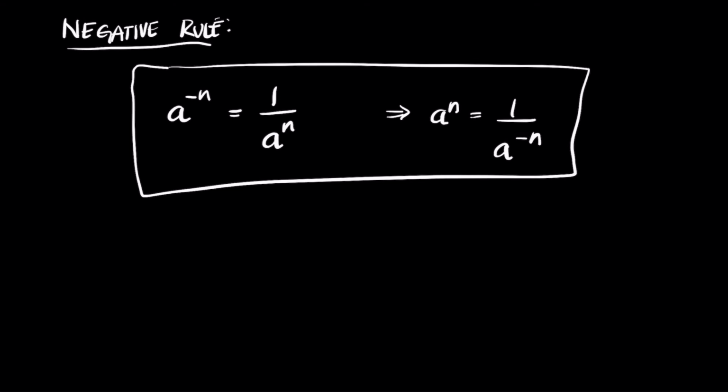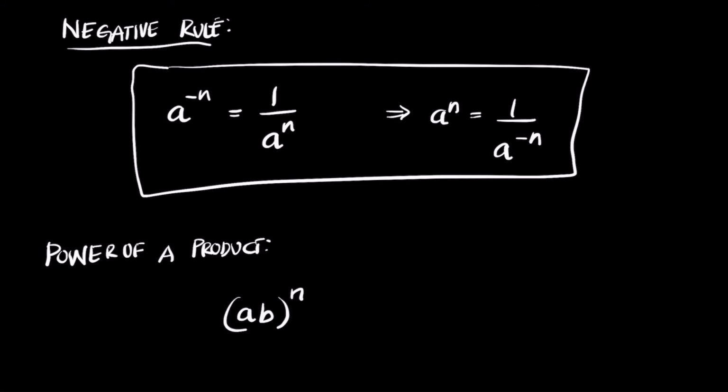The next one is the power of a product. When you have two values, for example a and b, and you are giving both of them a power n, the exponent is to be equally distributed to both the bases.